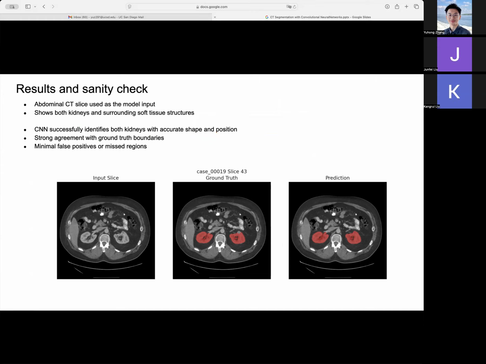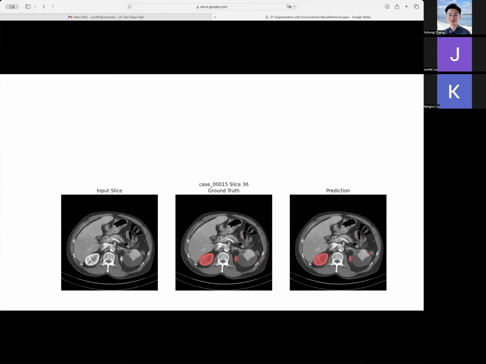This slide shows how our convolutional neural network accurately segments the kidneys from CT scans, closely matching the ground truth annotations. And this example shows the convolutional neural network can accurately identify kidney regions, even with complex annotation variations.